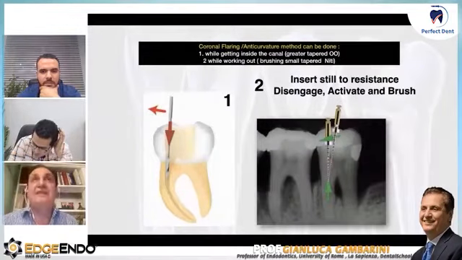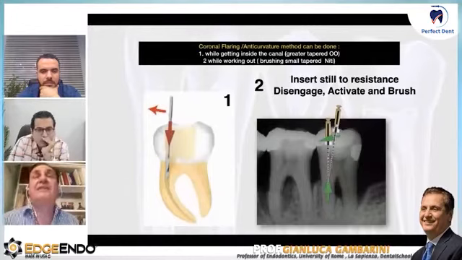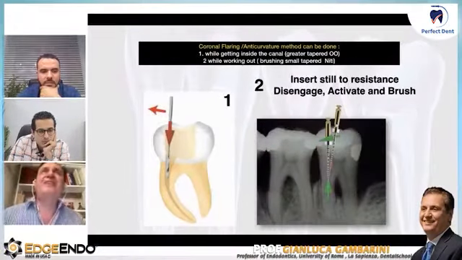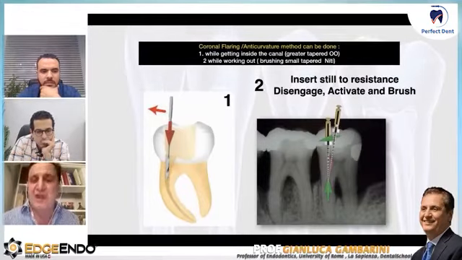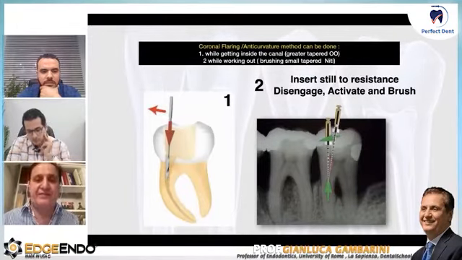Usually I'm very conservative while doing this. Then I use the next instrument, and if it progresses easily, I'm fine. But if the second instrument does not progress easily, I go back with the first and flare a little bit more. So my decision is based on the anatomy only. That's why I'm saying it's rationally invasive.